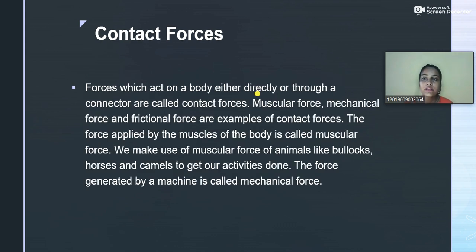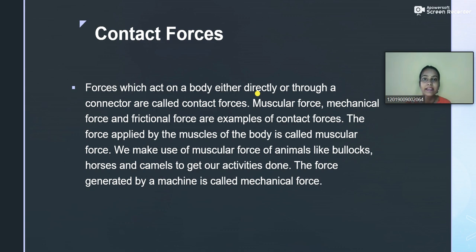Yes, now the contact forces. Forces which act on a body either directly or through a connector are called what? Contact forces. So the forces which act on a body can act directly on the body or indirectly through a connector, and those forces are called contact forces.